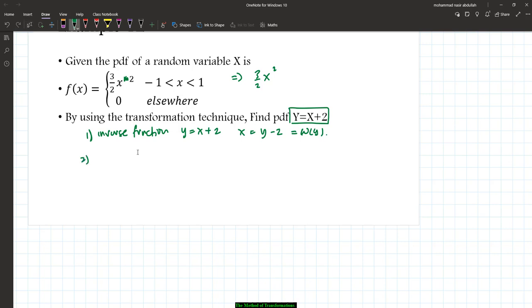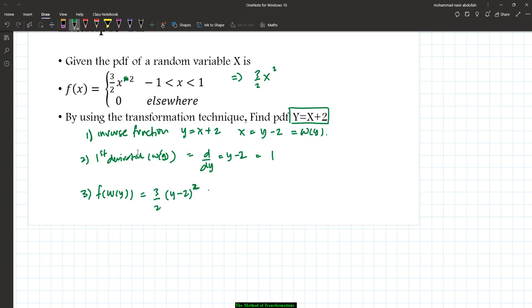Now next is the first derivative of w(y), which is d/dy of y minus 2, equal to 1. Step number 3, f(w(y)) should be equal to 3 over 2 x squared, with x equal to y minus 2, squared. Nasib baik kita dah cancel negative tadi, tidak complicated.